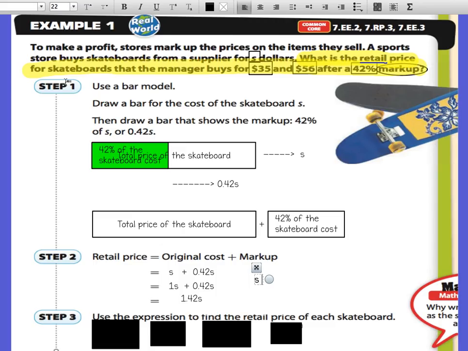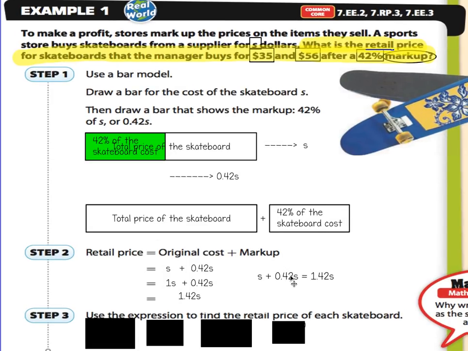If I took S plus 42 hundredths times S, doing that is the same thing as just taking 1 and 42 hundredths times the price of the skateboard. So both of these expressions, even though they're different, will get me to the same answer, because of this connecting piece right here.